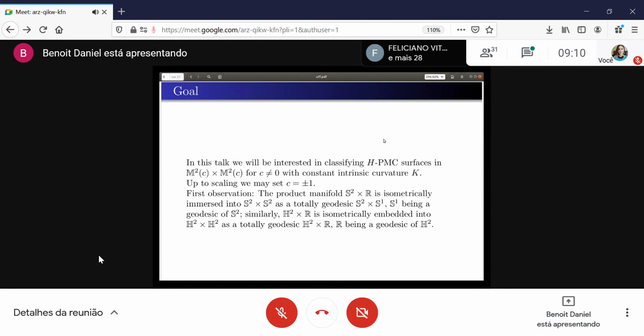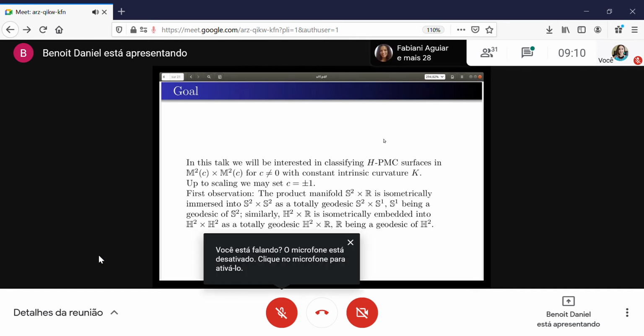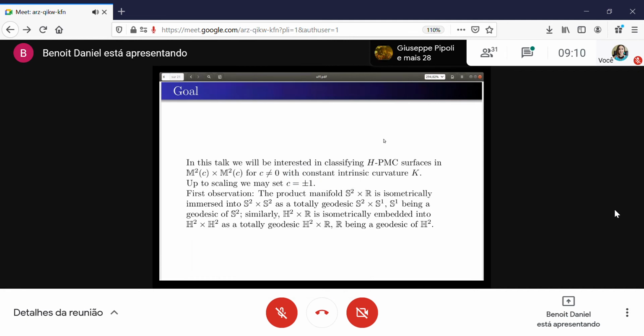So the first question is, can we find just examples of PMC surfaces in these manifolds? Just examples, not even with constant intrinsic curvature, but just finding examples. An important observation is that the product manifold S2 cross R is isometrically immersed into S2 cross S2 as a totally geodesic S2 cross S1.